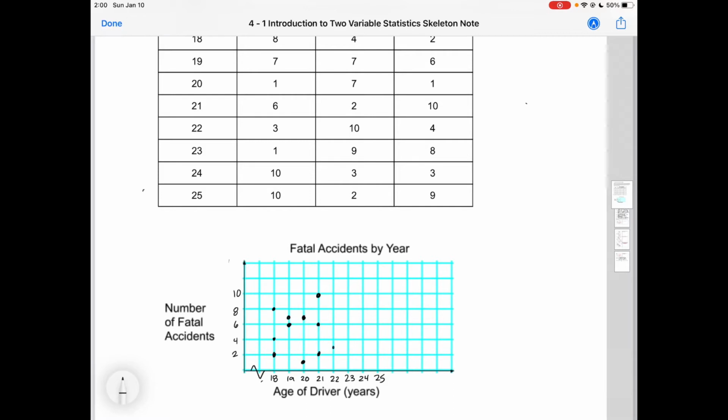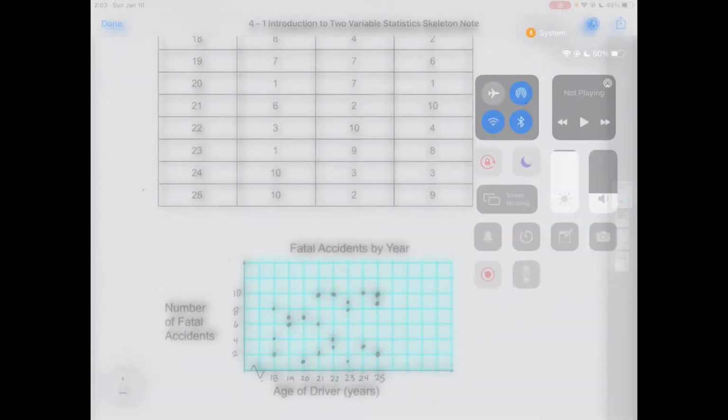Then the 22-year-olds, 3, 10, and 4. Then the 23-year-olds is 1, 9, and 8. Then the 24-year-olds, 10, 3, and 3. And then the last one are the 25-year-olds, 10, 2, and 9, which is my scatter plot.